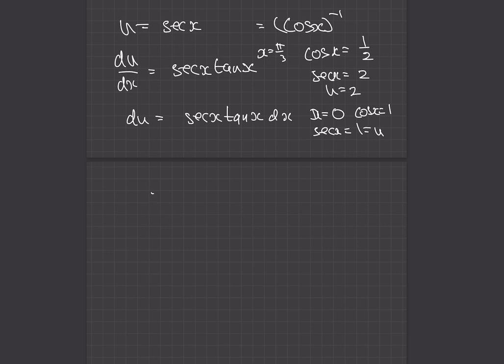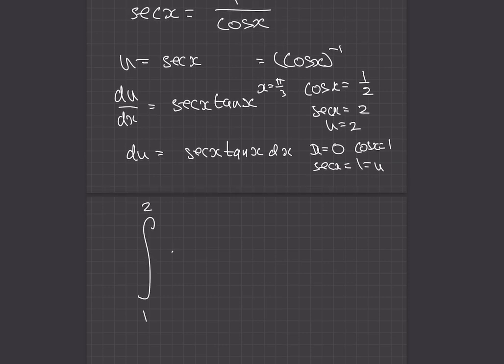So we change the limits to 1 and 2, and then what we have left is sec to the n-1 x times sec x tan x dx, but this whole thing is just du, from over here.